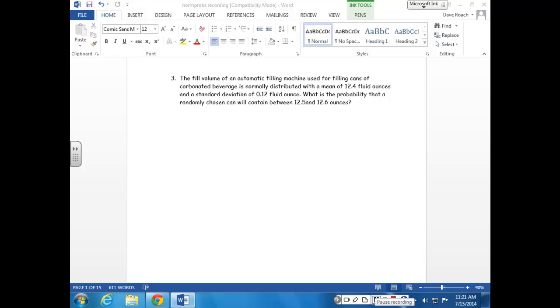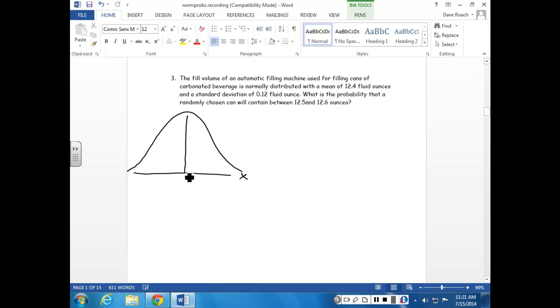Okay, so the next one again is the same setup, with a population mean of 12.4 and a standard deviation of 0.12. And this time we want to go from 12.5 to 12.6. So I'm interested in that area.